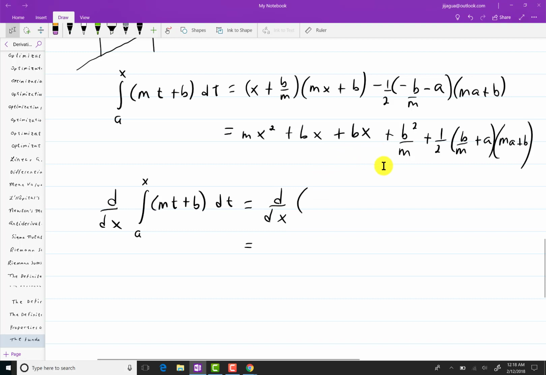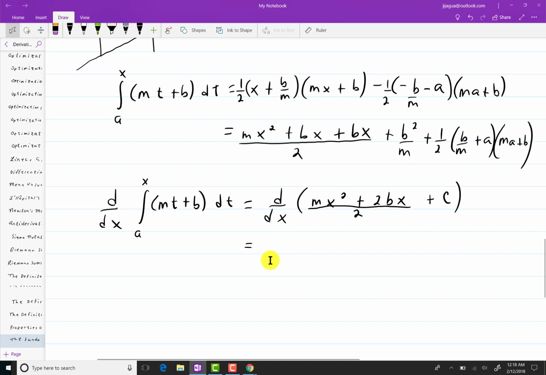We are going to have mx squared, and I think I missed a 1/2 that was attached to here, so all of this is divided by 2, plus 2bx. And then all this stuff here is just a constant, so I'm just going to put plus c for that. And when I take the derivative, I would have had these over 2.